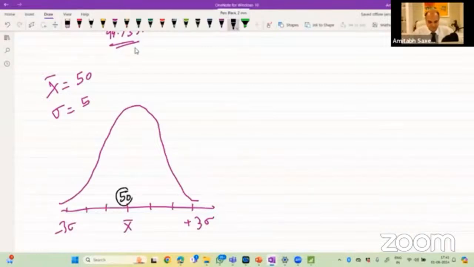This is 50. 1 standard deviation, 2 standard deviation, and 3 standard deviation. So 1 standard deviation will be 50 plus 5, which is 55. 2 standard deviation will be 50 plus 2 times 5, which is 60. And what would be the 3 standard deviation? Can you tell me?